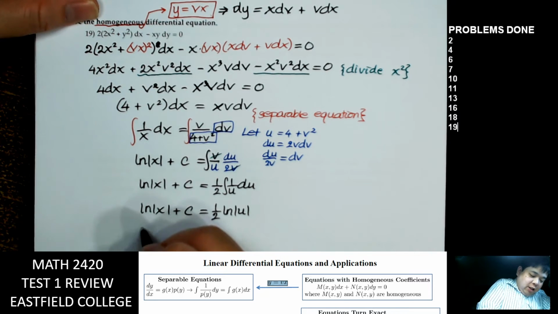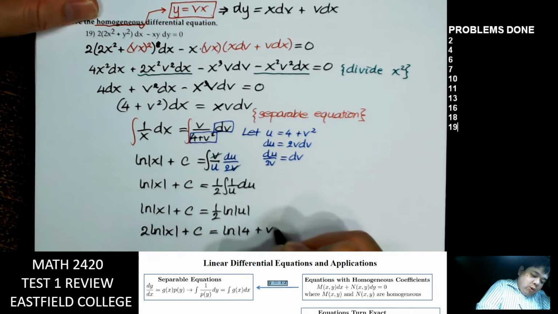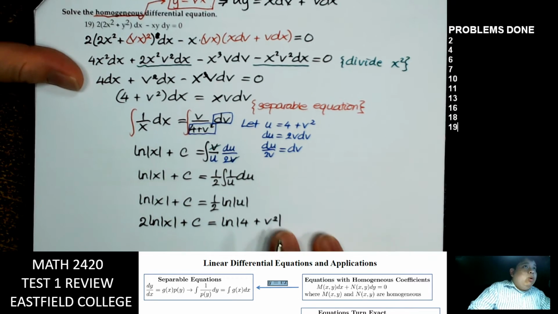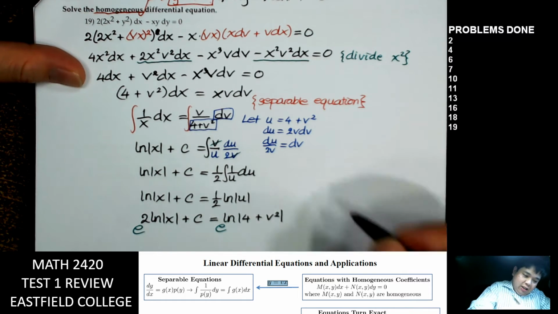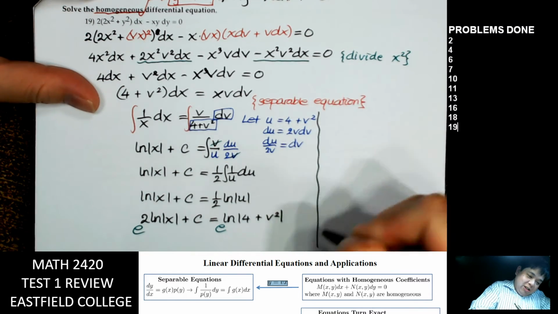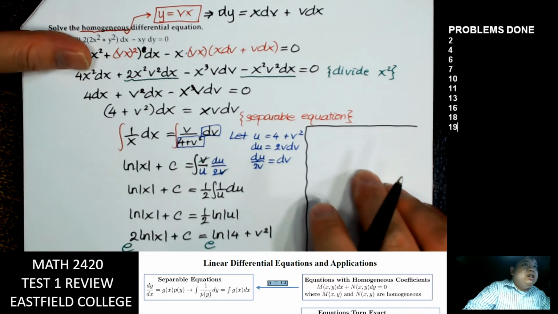So 2 ln of x plus c equals ln of 4 plus v squared. And we'll raise both sides to the power of e.